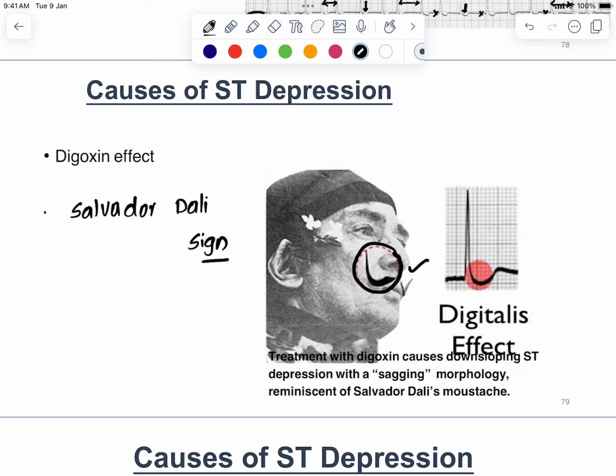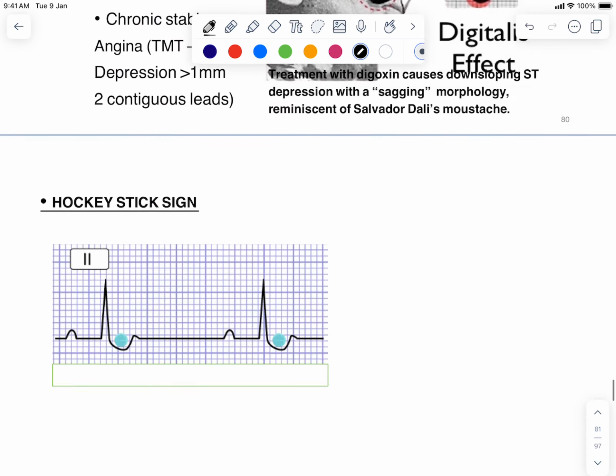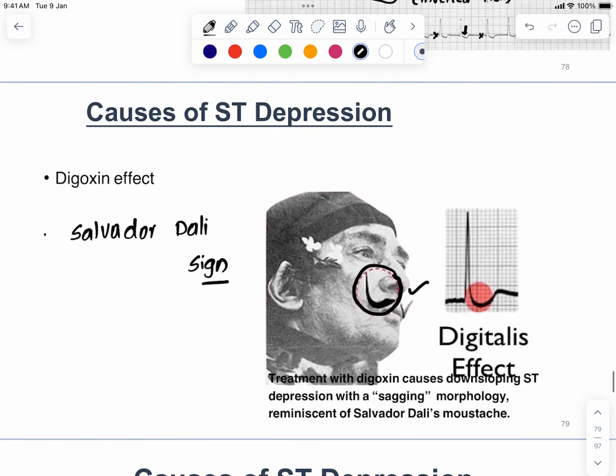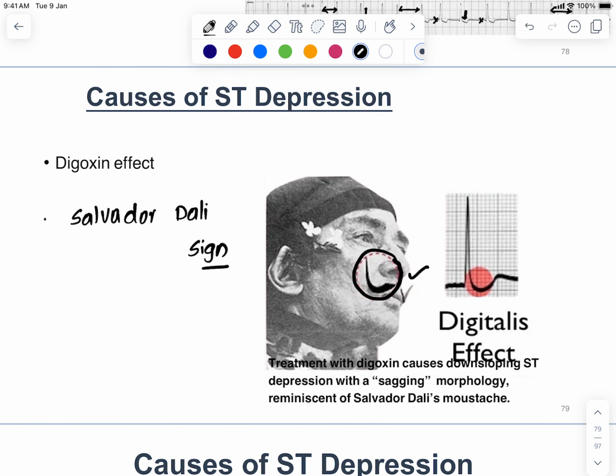Okay. Now, what are all the various conditions where you have the presence of ST segment depression? The causes of ST segment depression include one, which I have already said, that is myocardial ischemia. And which forms of myocardial ischemia will that be?